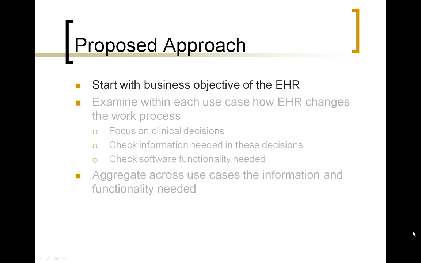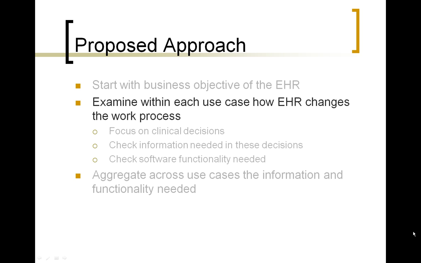Electronic health records are costly investments. Effective managers will make sure that these systems enable the organization to achieve its objectives. To help managers design and shape an information system that meets upcoming needs of the organization, we have put together a planning process. This process starts with specifying the business objective of the electronic health records.